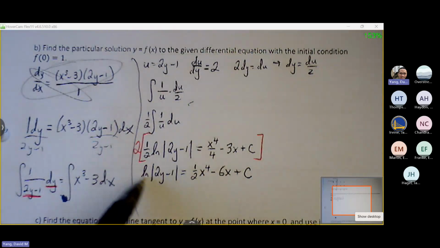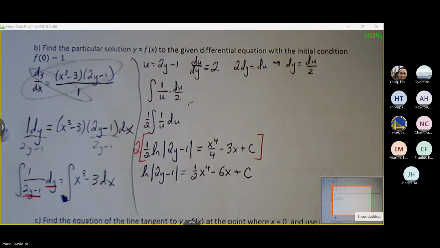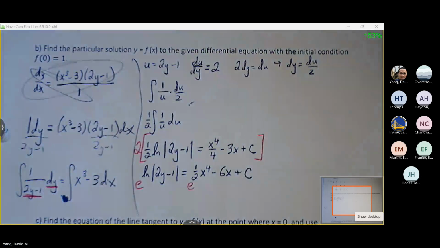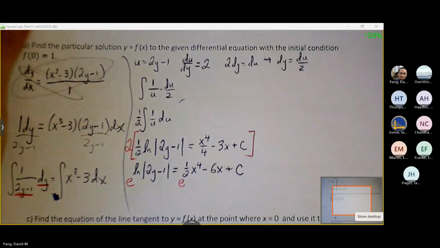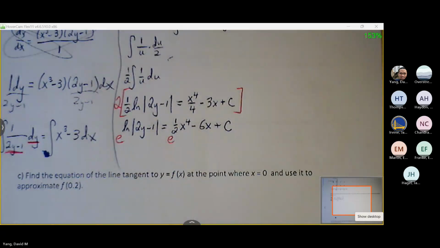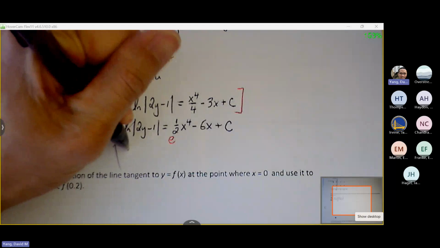So now this natural log is a lot cleaner for me to match with the exponential base e. Now base e comes in. e and natural log goes away. That's our whole purpose of doing that.